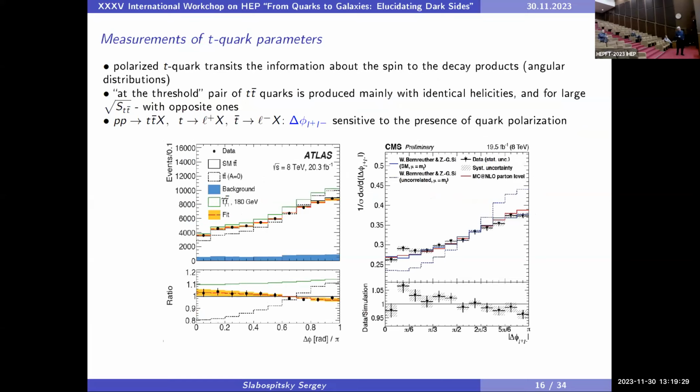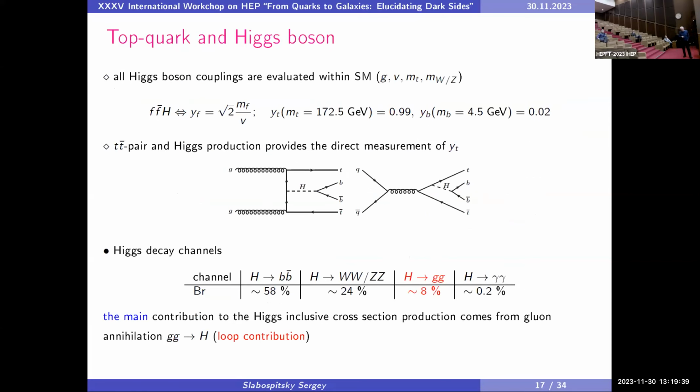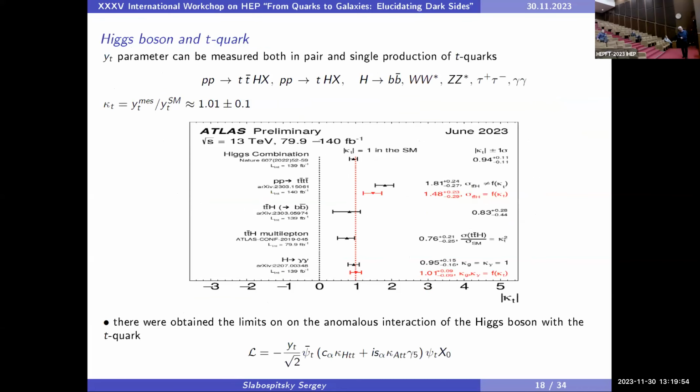Also, in fact, all measurements of the t-tbar production concerning spin properties and angle distributions more or less coincide with standard model predictions. There are also measurements of top quark production with the Higgs, and at present, as I told you, the measured value more or less coincides with our expectation of the standard model.